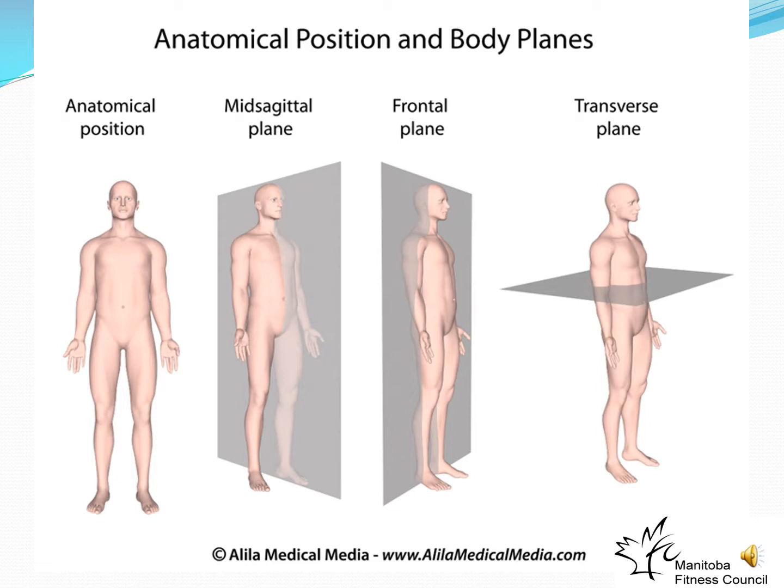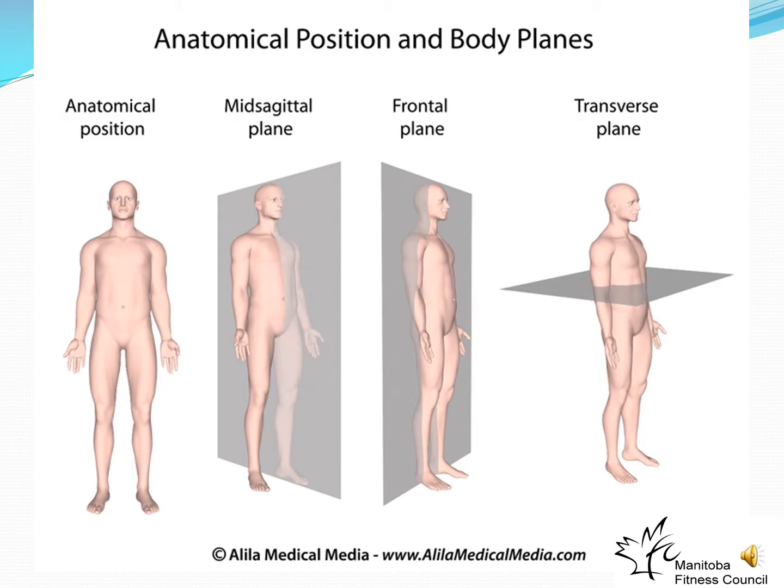The next plane of the body is your frontal plane. This will cut the body into front and back halves. The frontal plane will allow for lateral movement, movement to the sides. Once again, if you picture this as a sheet of glass, he would have to break through that sheet of glass to do a walking motion.